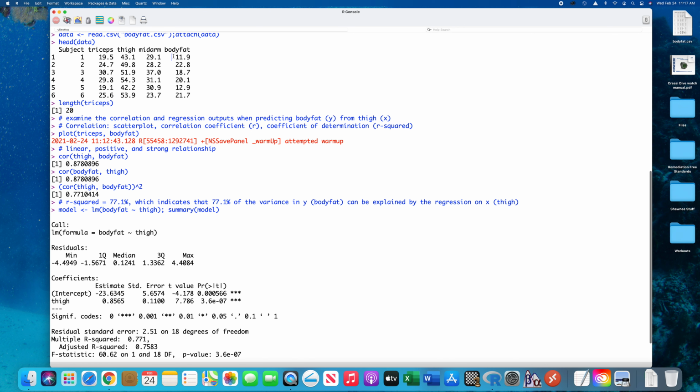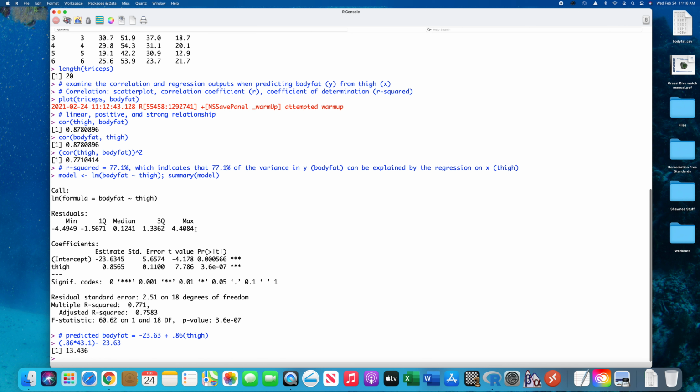This person's body fat was a little lower than we would have predicted according to their thigh measure. We expect that variation. We expect a difference in most cases between what the model predicts and what we actually observed.